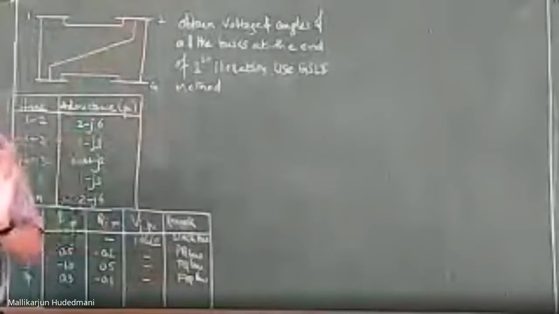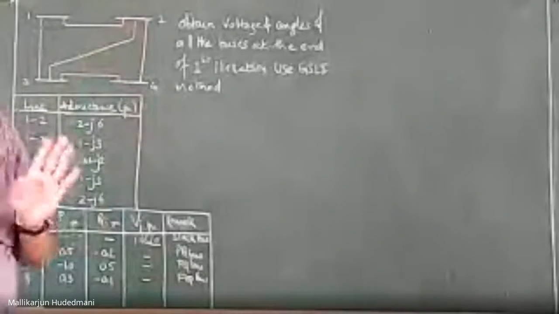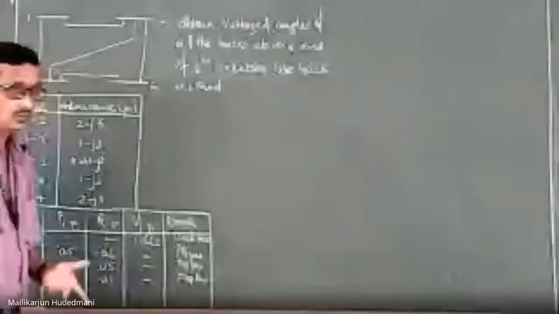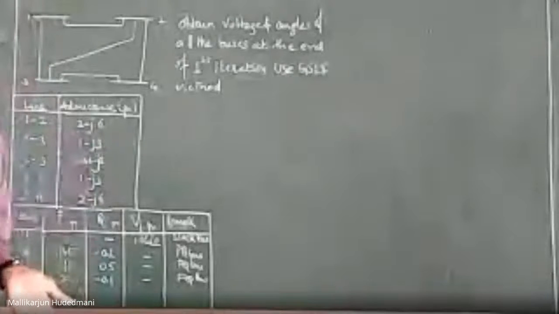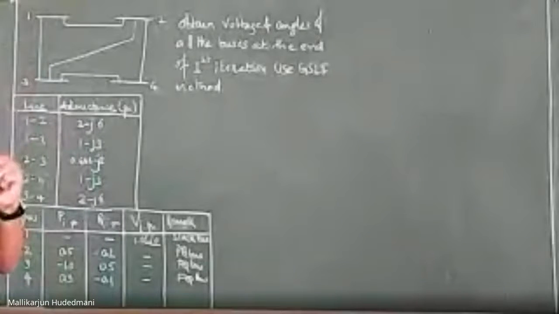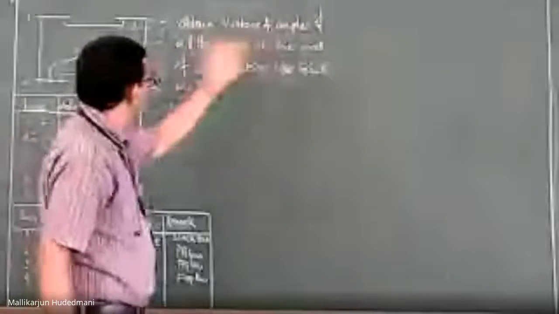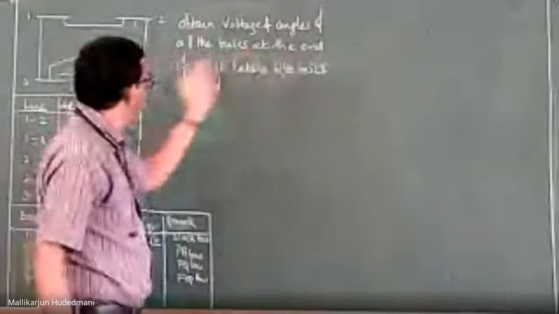Whether it is indicated as generator bus or load bus is of our interest. It means PQ bus. P and Q are mentioned. What is unknown there? V is unknown. Delta or angle is unknown. That is my task. Obtain voltage and angles of all the buses at the end of first iteration.